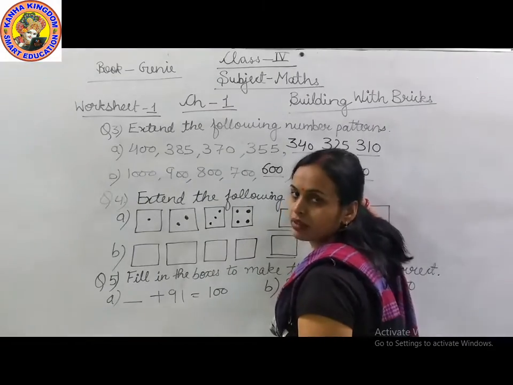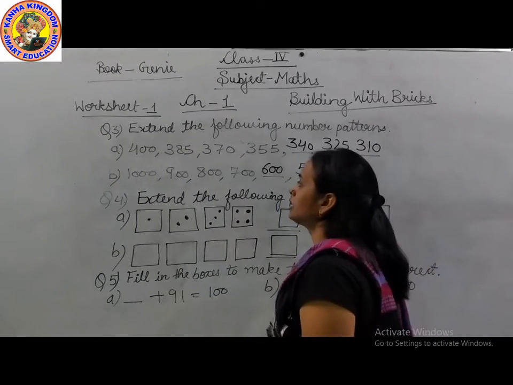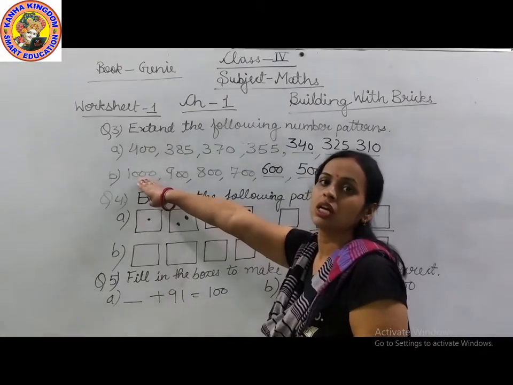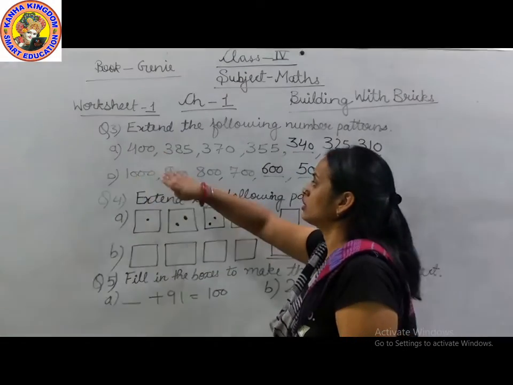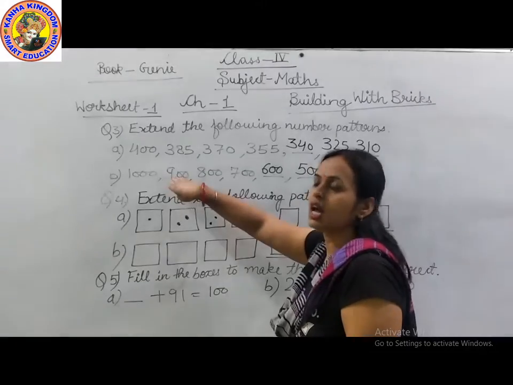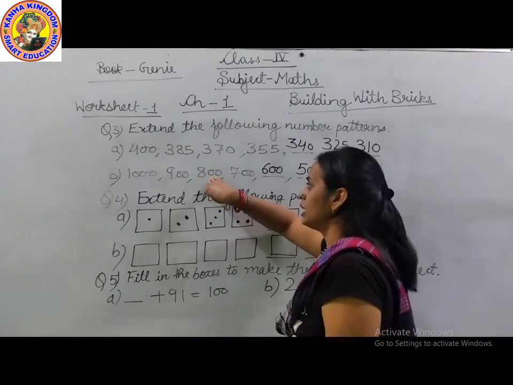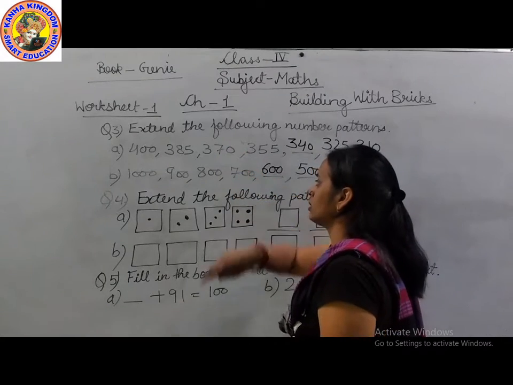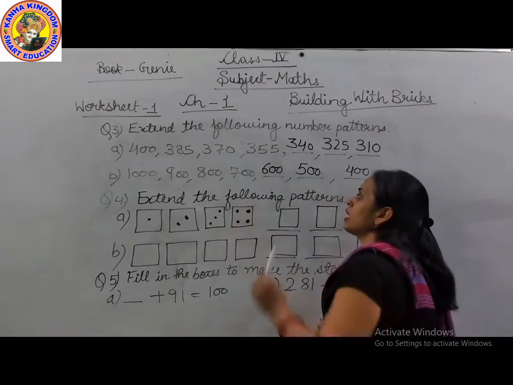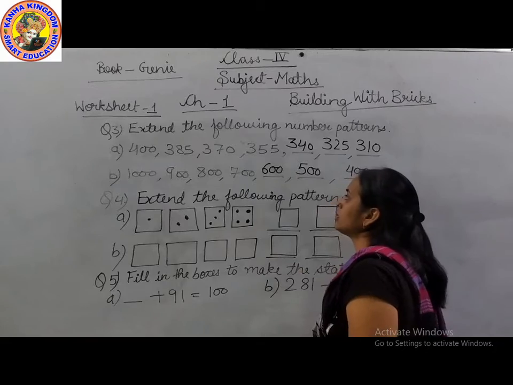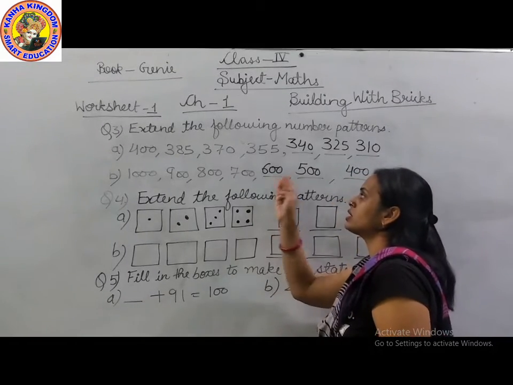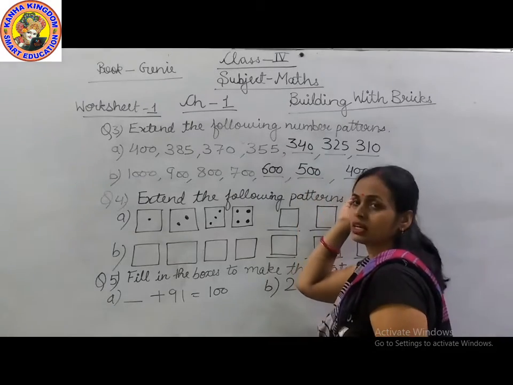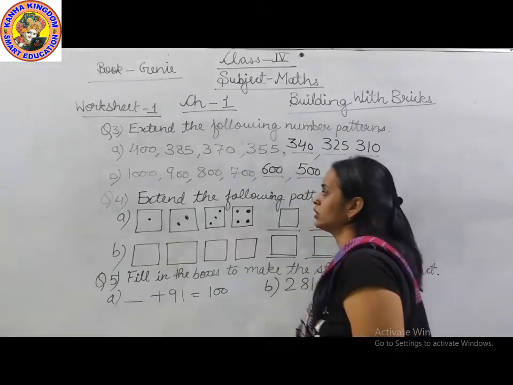And 325 minus 15, 310. And in next, 1000. 1000 minus 100, 900. 900 minus 100, 800. 800 minus 100, 700. 700 minus 100, 600. 600 minus 100 equals 500. And 500 minus 100, 400.